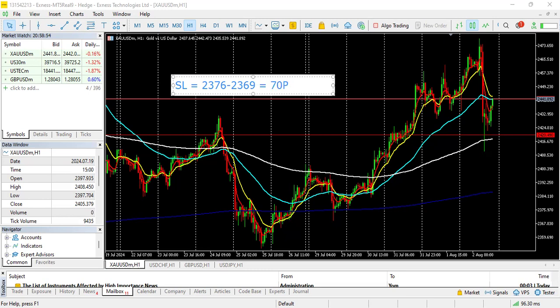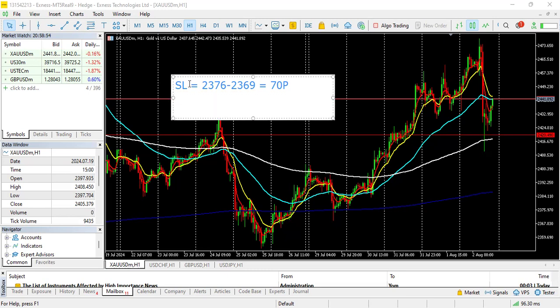Remember we're talking about good. And then my TP is what? 2395 minus 2376, that's about 190 pips. So this risk reward ratio is about 1:2.5, less than 1:3, almost 1:3, right? This is very good, right? But look at what happened.